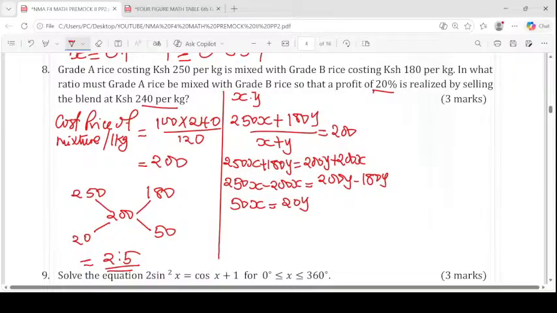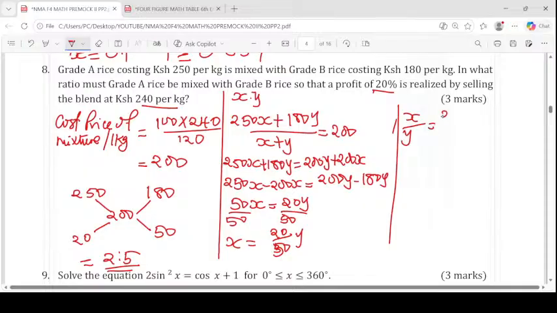If I want to write the ratio of x is to y, I can divide through by 50, also here by 50. So I'll have x being equivalent to 20 over 50 y. If I want to get rid of this y here, I'll divide both sides by y. So when I divide both sides by y, I'll have x over y is equal to 20 over 50.